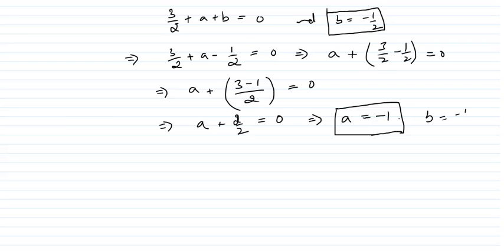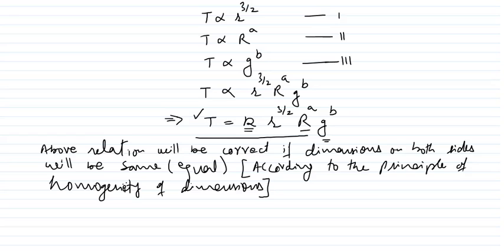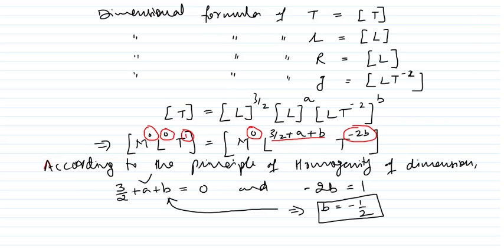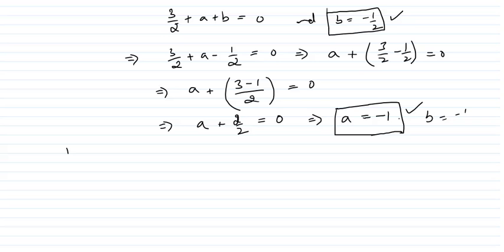So we put the values of A and B in this relation. Let us say this is equation number 4. So we put the values of A and B in equation 4.